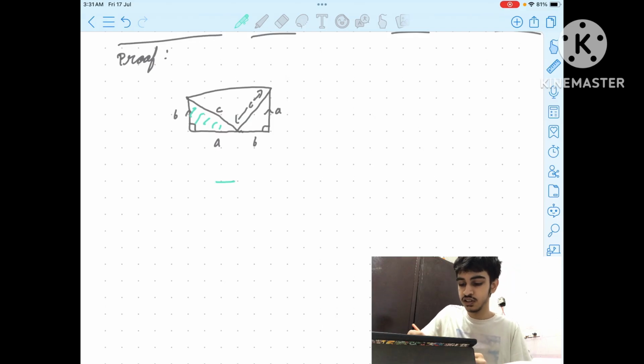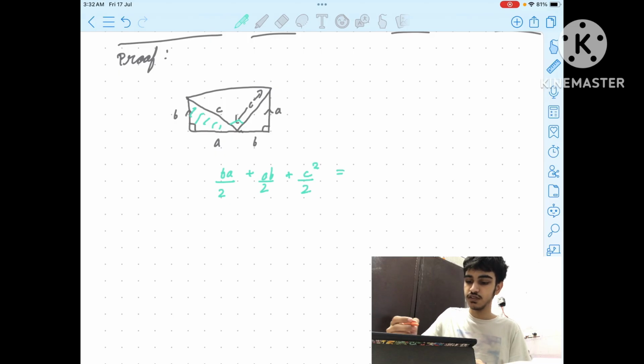We know the area of a triangle is half into base into height, plus let's write down the area of this triangle. It will also be half into base into height, and let's write down the area of this big triangle. We know that this is 90 degrees, so it will be equal to c square by 2.